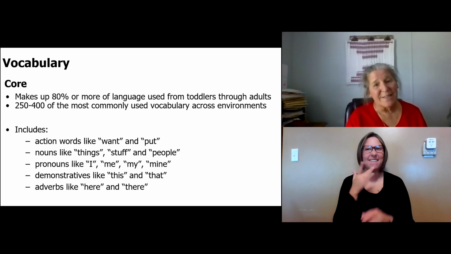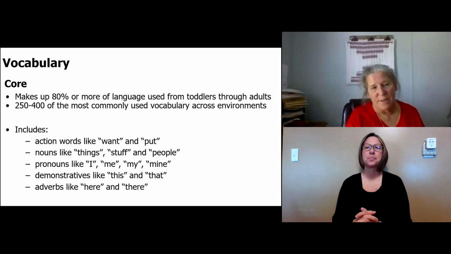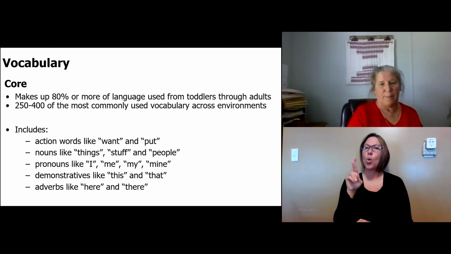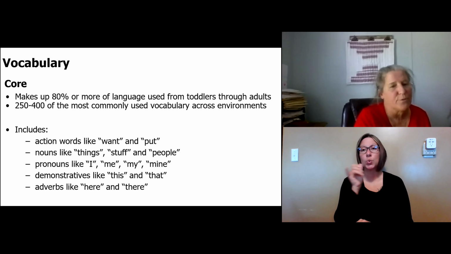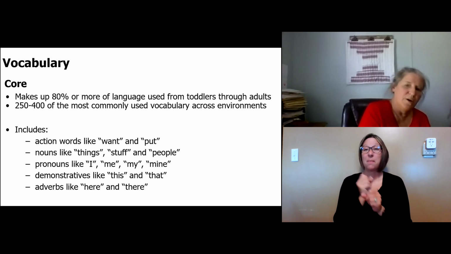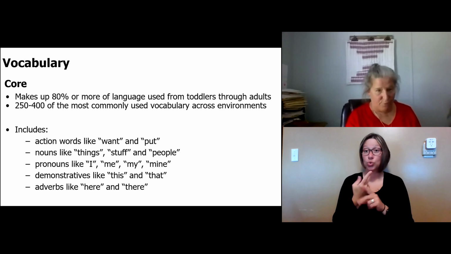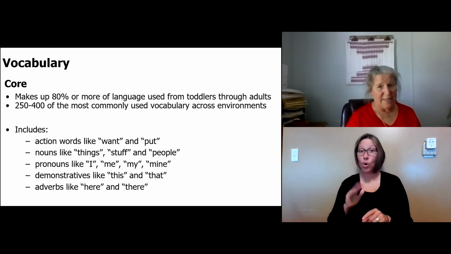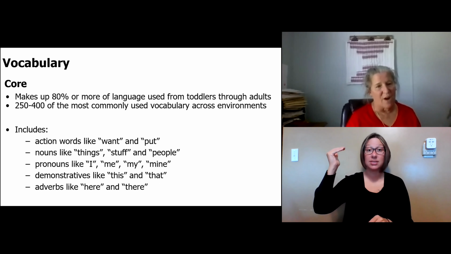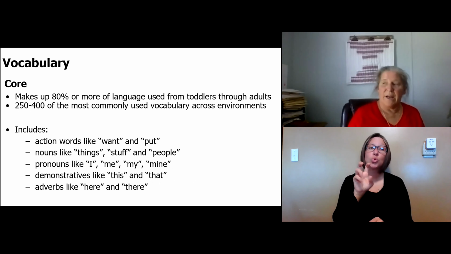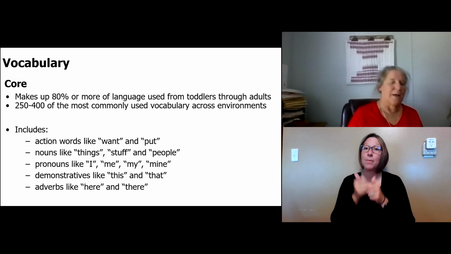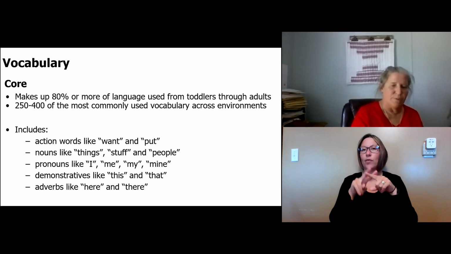Okay, so then we get to core, and I know core is a big deal for a lot of people. It makes up about 80% or more of language used from toddlers through adults, and there are 250 to 400 of the most commonly used vocabulary across environments. So they include those action words like want and put. They're also nouns.